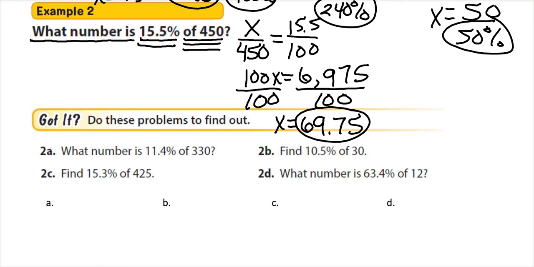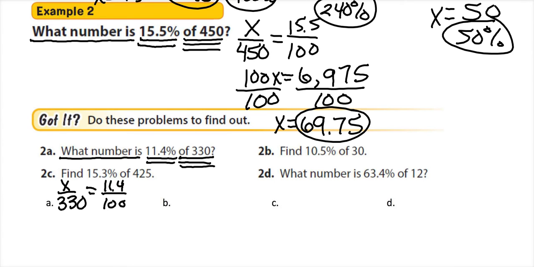2a says, what number is 11.4% of 330? So again, is over of. Is x. Of is 330. Percent, so that's 11.4. And then over 100. We're going to cross multiply.